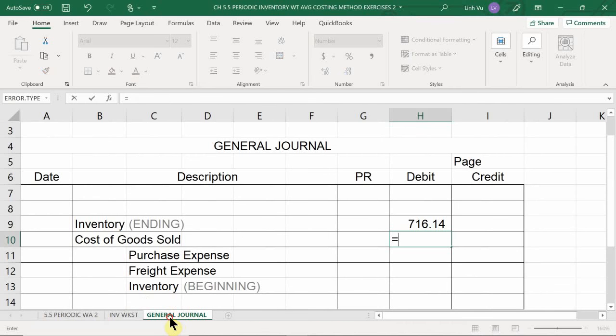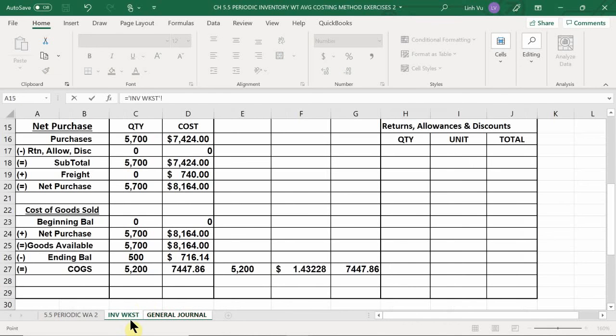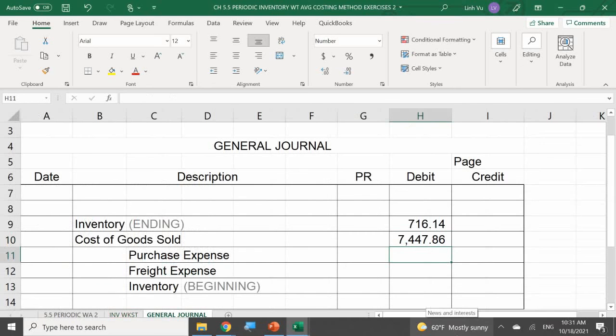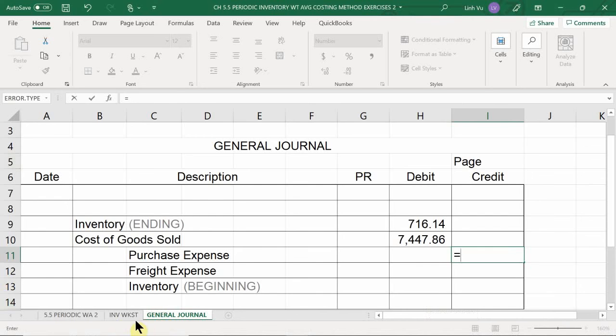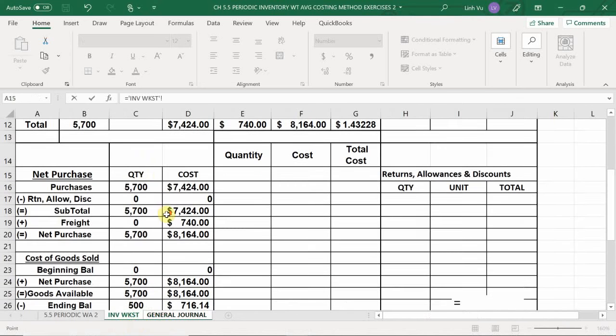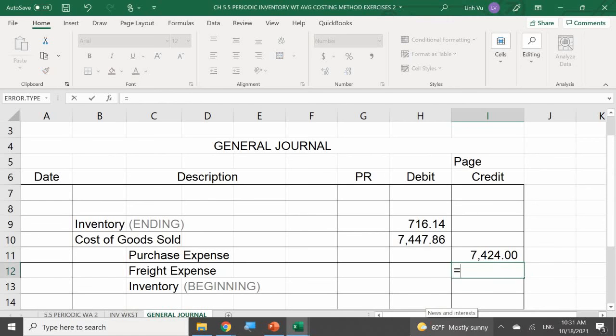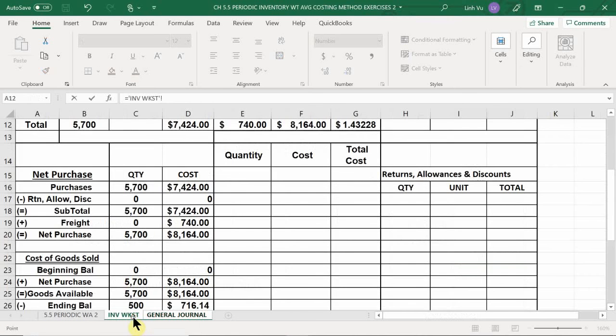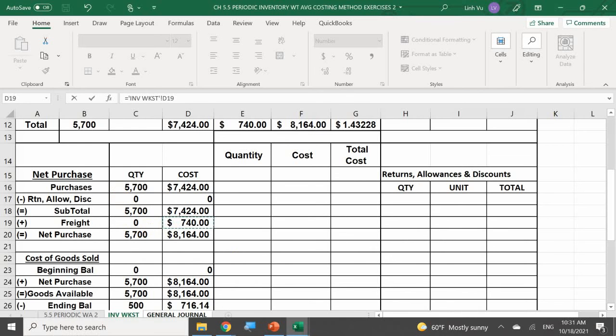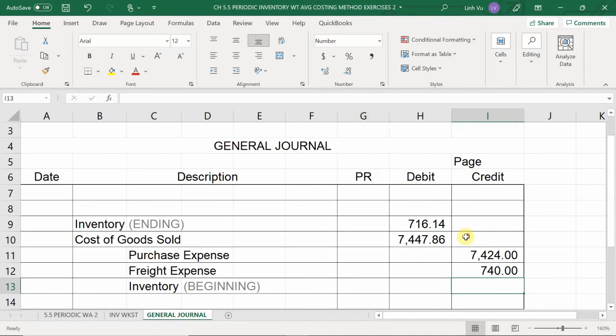How much was my cost of goods sold? 7,447.86. Okay. What was my total purchases? 7,424. And lastly, what was my total freight? 740. Lots of sevens. 7777, okay?